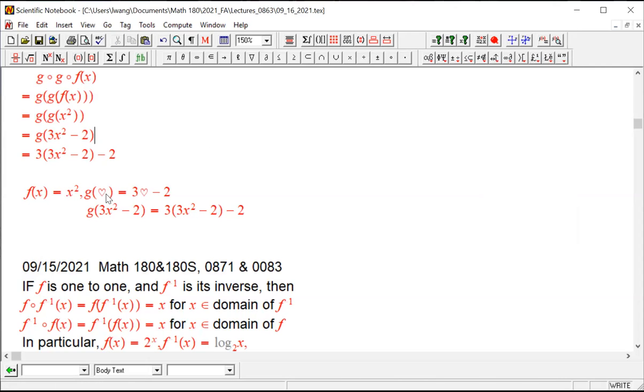Now the heart is replaced by 3X squared minus 2, and that's what you get. You see that? So this is the heart. This is the heart. You know what I mean?